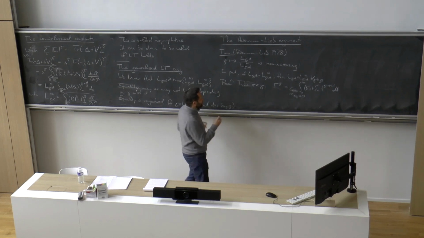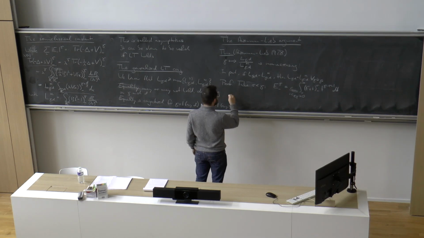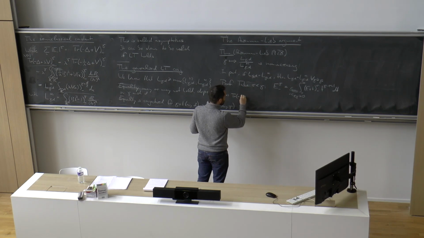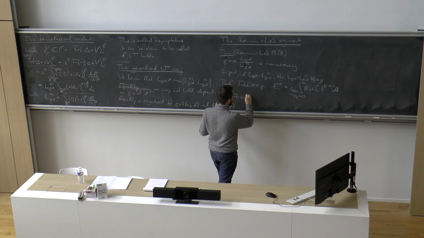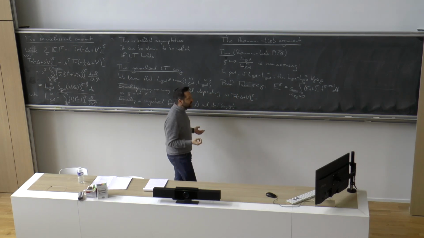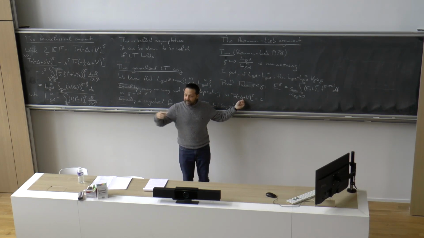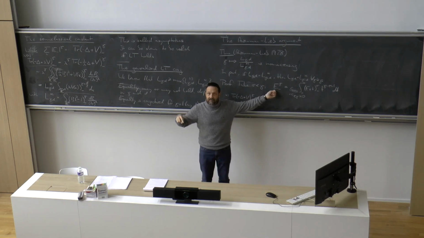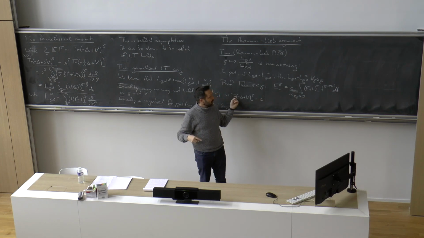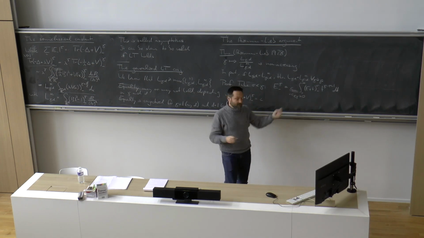So why is this useful? Well, let's look at our Lieb-Thirring trace. This is now equal to a bunch of eigenvalues, a sum of eigenvalues. For each eigenvalue, I use this identity. And then I interchange the summation with the integral in the representation.